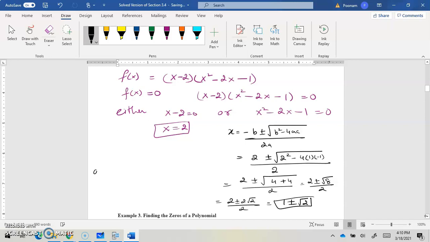So all zeros of the function are 2, 1 plus root 2 and 1 minus root 2.